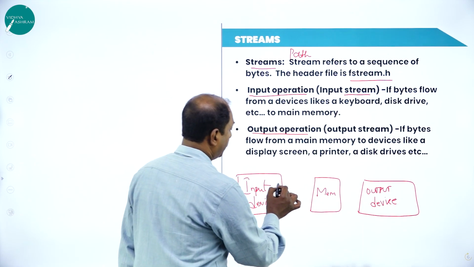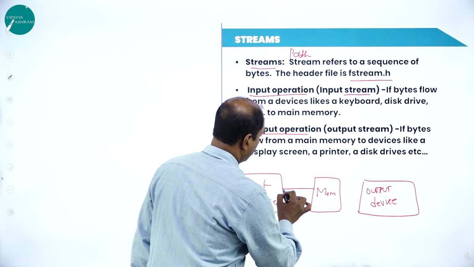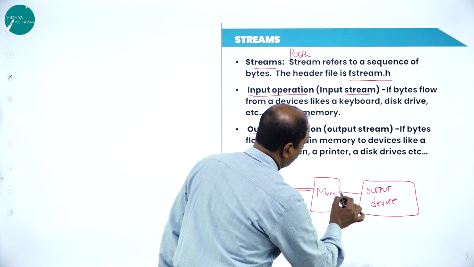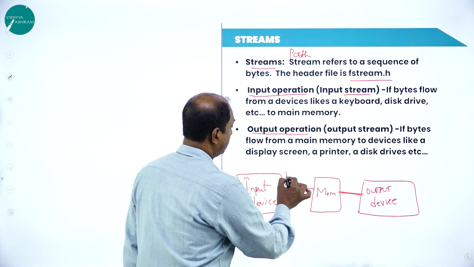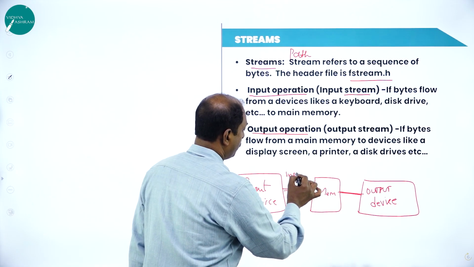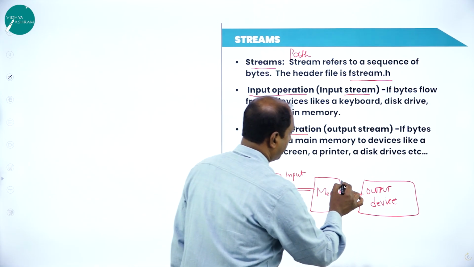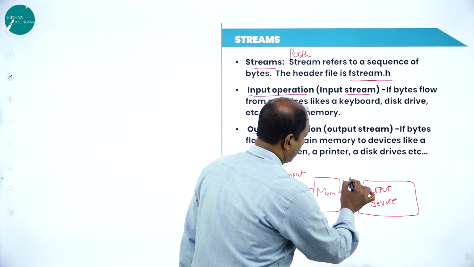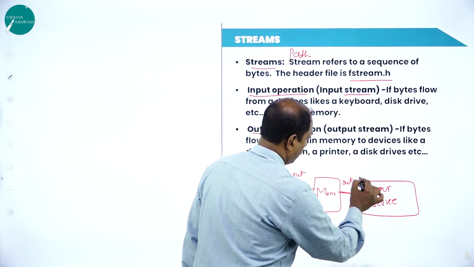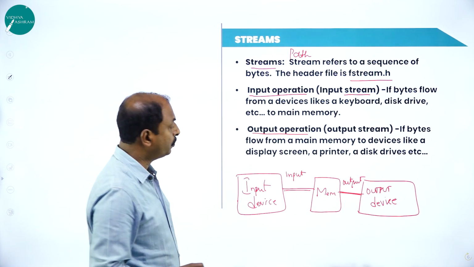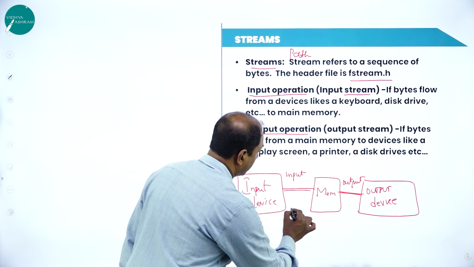Now the data moves from here to here. So this is called a stream. This is the input stream, and here is the output stream, or we can assume that it is nothing but a path.